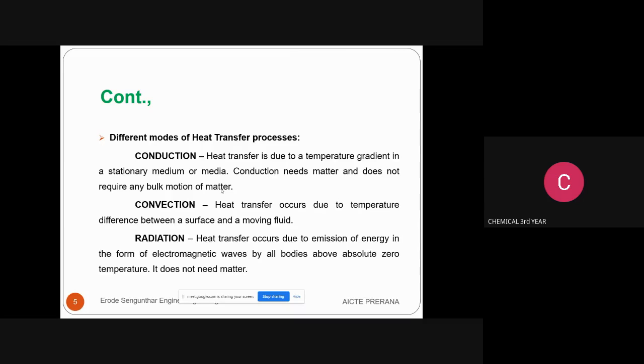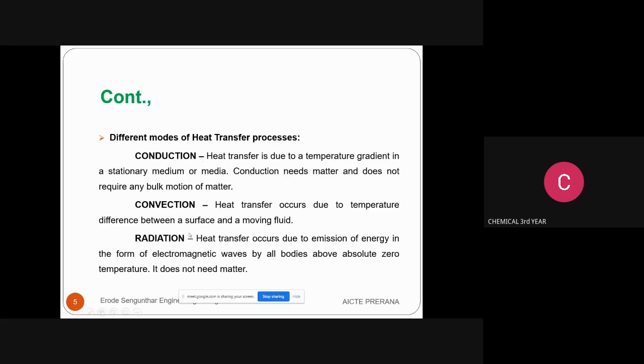And convection, again, is also due to the temperature gradient only, but between a surface and a moving fluid. While discussing itself, we can clearly say that conduction will occur in the solid medium. Why we are telling solid medium, we'll discuss later in the forthcoming slides.